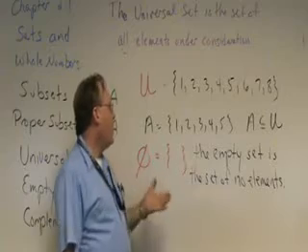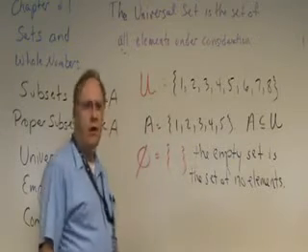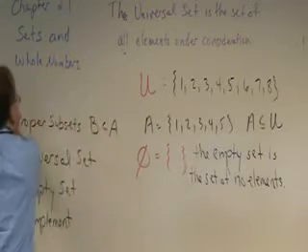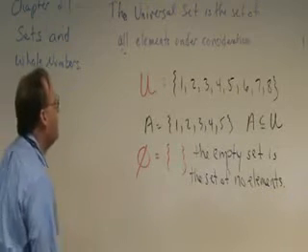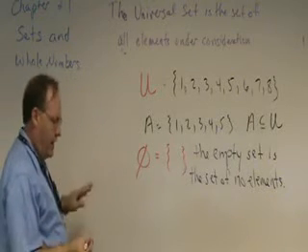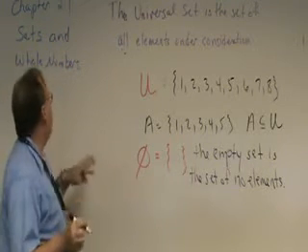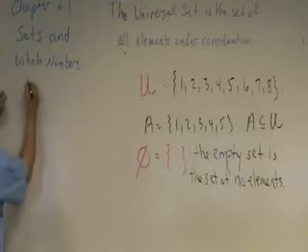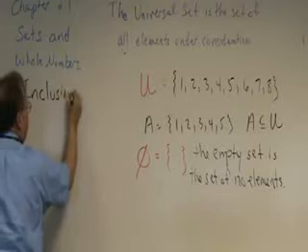And so we want to talk about how these things are related. When we look at this, we have an idea of inclusion and exclusion. In fact, the two big ideas for sets are inclusion and exclusion.